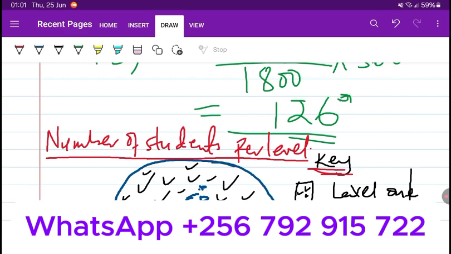Some of the disadvantages, of course, we have some computations. Just imagine if we had information of about maybe 20 students or 20 categories or 20 levels. It would be very tedious for us to compute the information, and at some point it may involve decimal points.